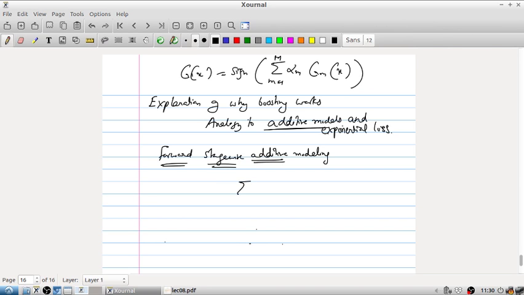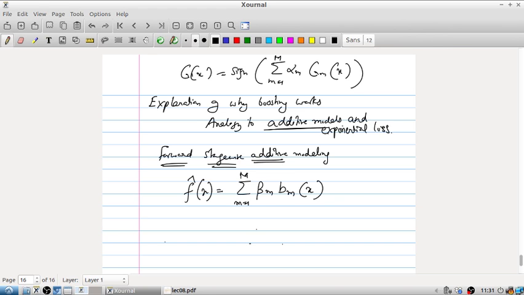You are trying to find the sum over m equals 1 to capital M of, I guess there's a gamma, beta m times some function b m of x. So we want to find an f hat of x.